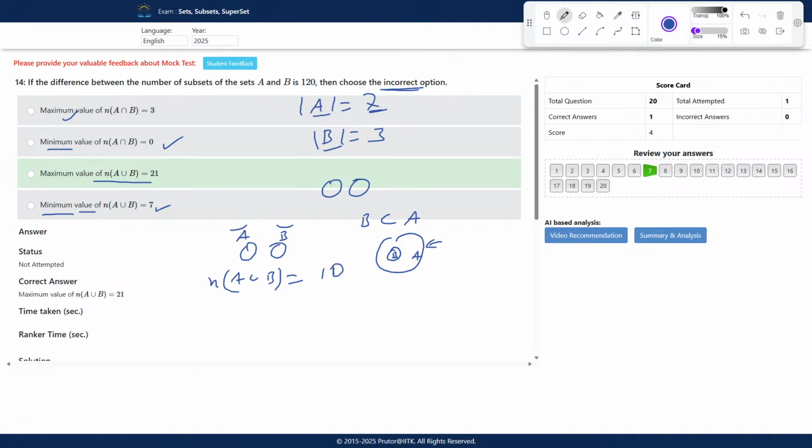I hope this is clear. So there is no case when you are getting the number of elements in the union set as 21. So incorrect. So option C will be your incorrect. I hope this is clear.